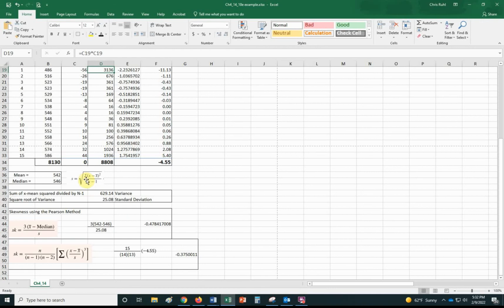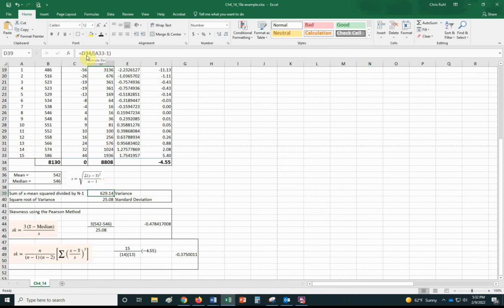The summation of the difference squared. So that's 8808 is this top part. And then I divide that by n minus 1. So I'm going to take 8808 divided by 14. And when I do that, that's this right here.